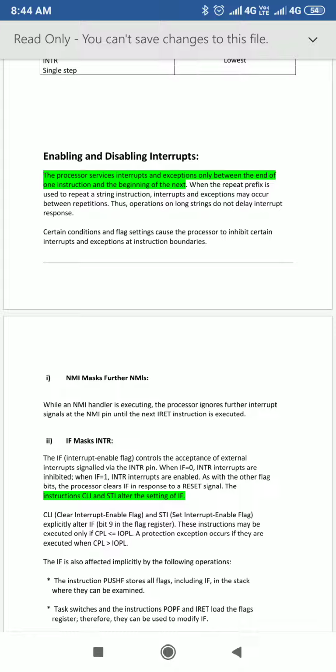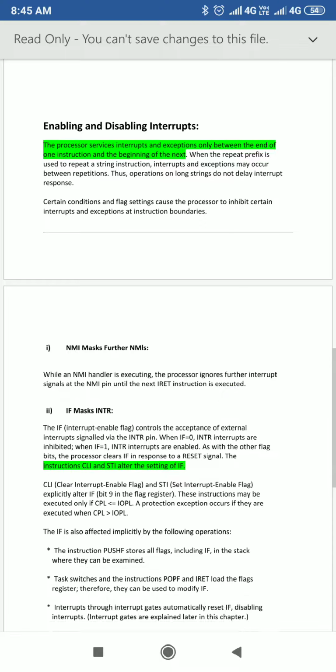Now the second condition is IF masks INTR. Interrupt flag masks INTR. The external interrupts that are controlled through the INTR pin, right, means this is your hardware interrupt. External interrupt means hardware interrupt.